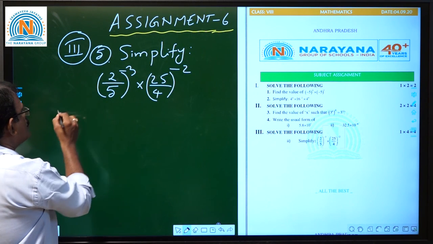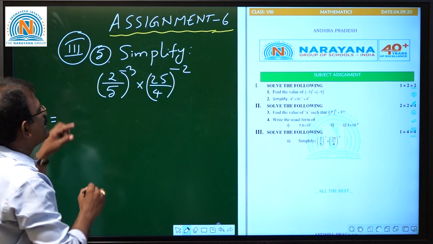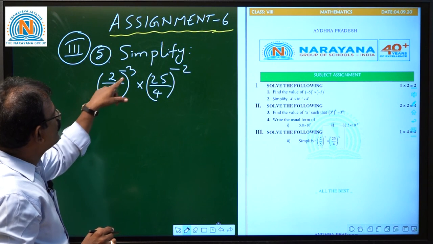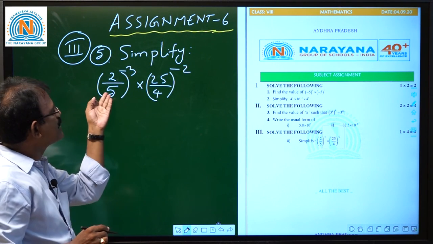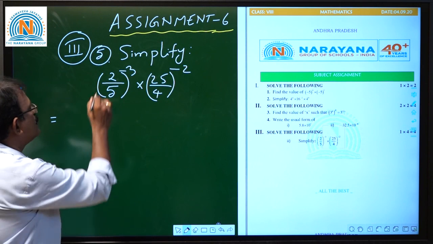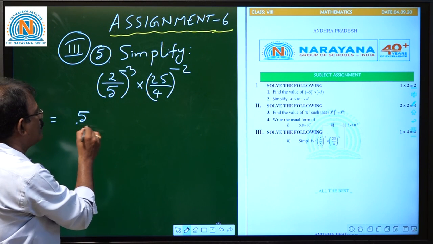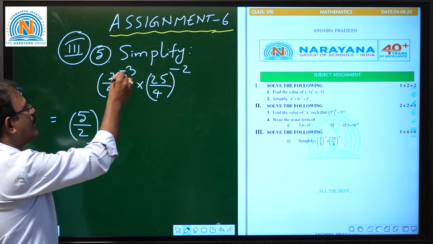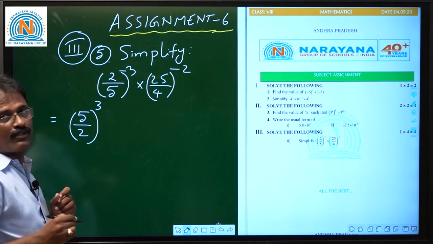Okay, children. As you know, 2 by 5 whole power minus 3: when the fraction is reciprocal, then the power symbol will be changed. That means 2 by 5 is changed to 5 by 2, then the negative exponent will be changed to positive exponent.